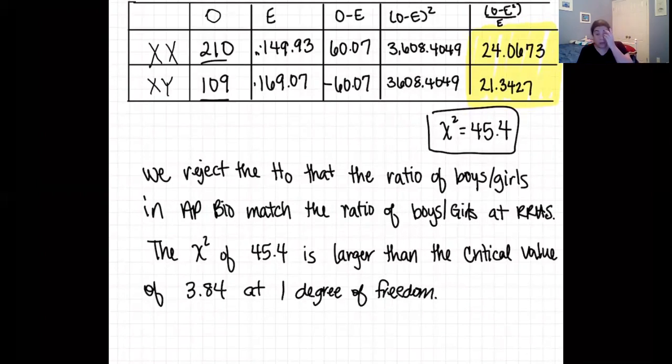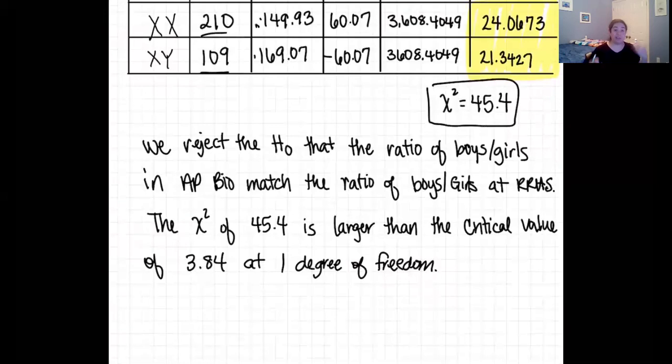Boom. So we've rejected the null hypothesis. We have evidence to support the alternative hypothesis. As you can see, that chi-square is much larger than that critical value.